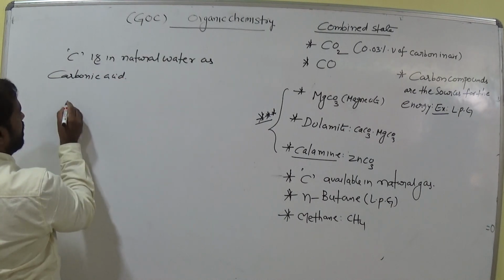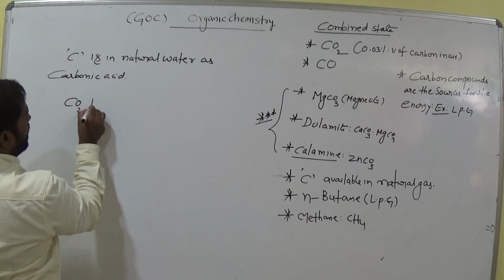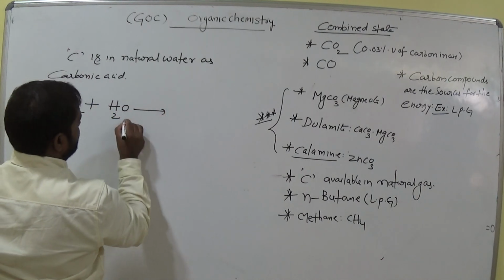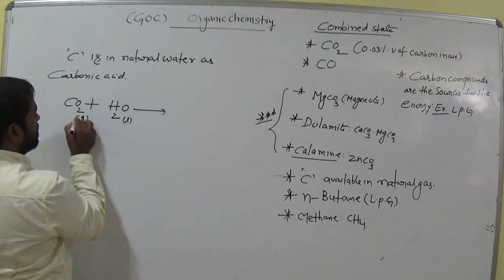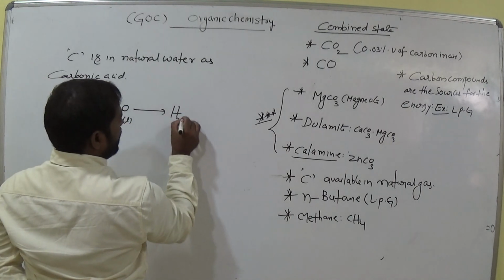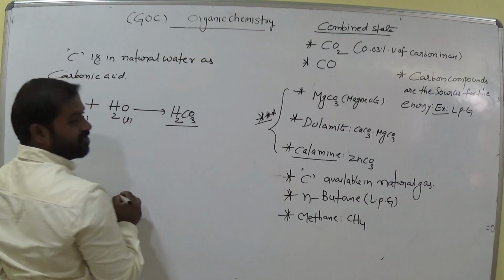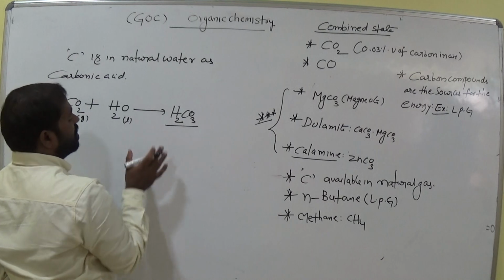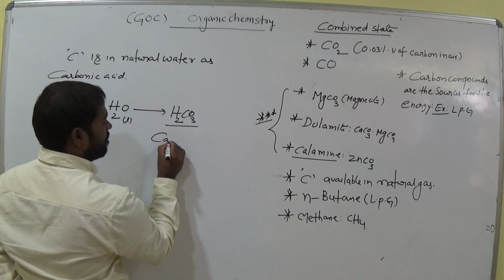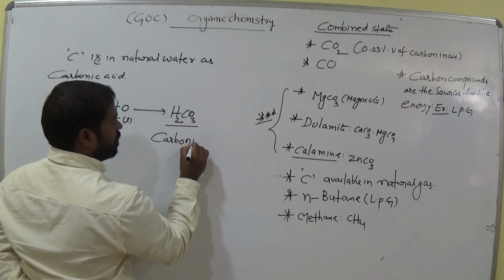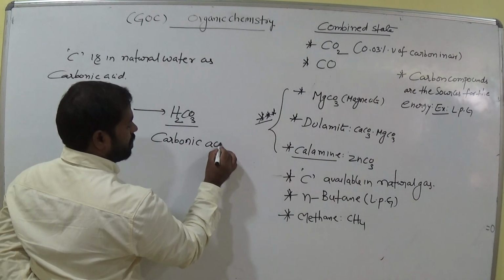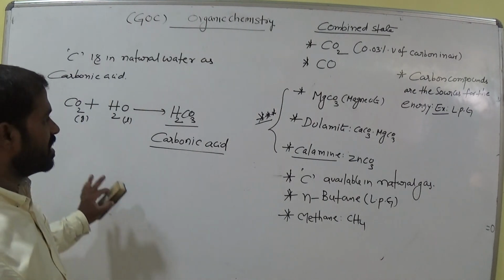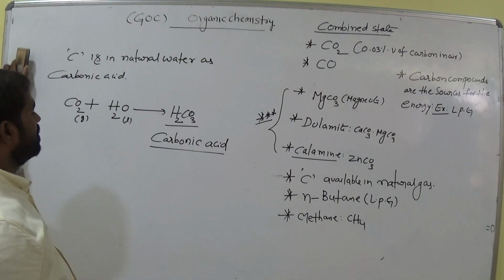Now suppose CO2 in H2O, it is liquid, this is gas, and it produces carbonic acid, H2CO3. What is the formula of carbonic acid, where carbon is there or not? This is one of the sources of carbon, carbonic acid, H2CO3. Is it clear, everyone?